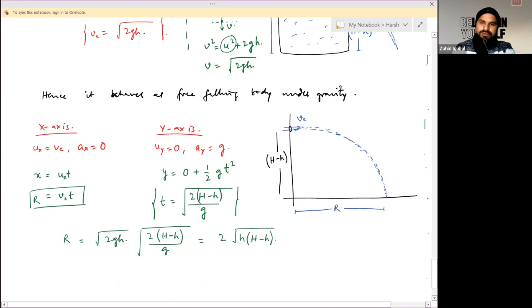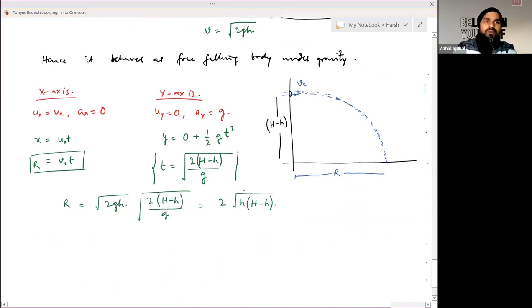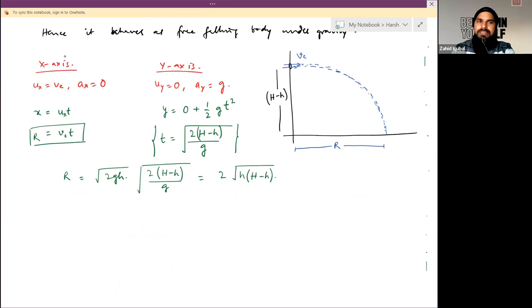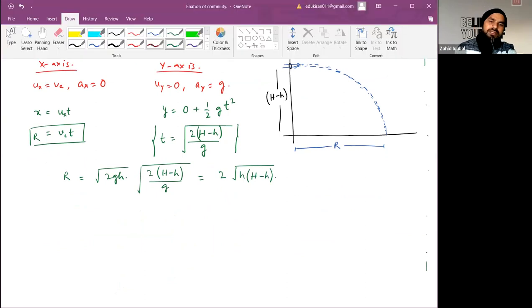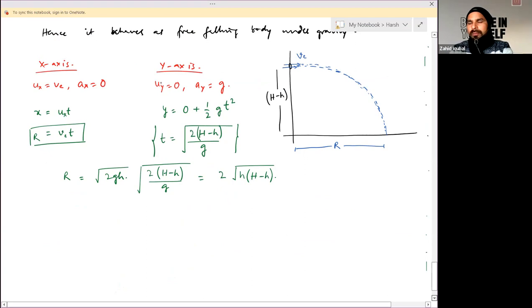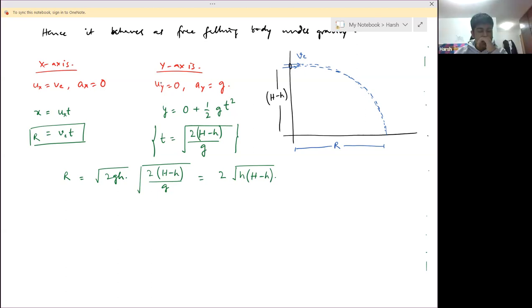Now, further related to this expression, you'll be asked, what will be the condition for maximum range? So how to define maximum or minimum of a particular function? Do you know any mathematical idea behind it? Whenever you have to calculate maximum or minimum of a particular function, whether it is time dependent, position dependent, any variable dependent function, just differentiate it and put it equal to 0.